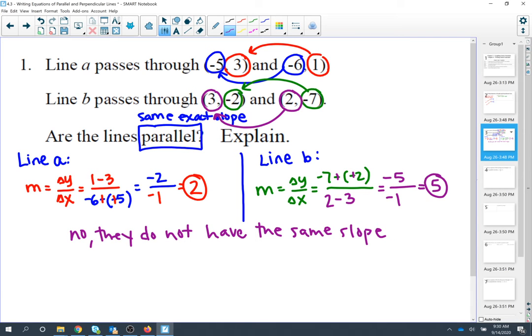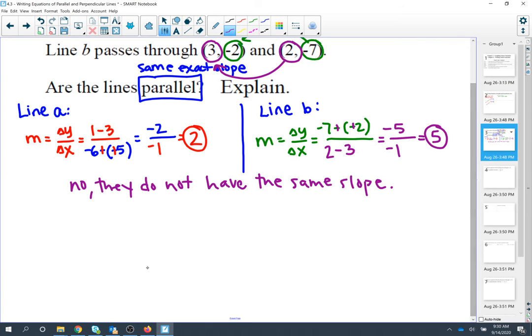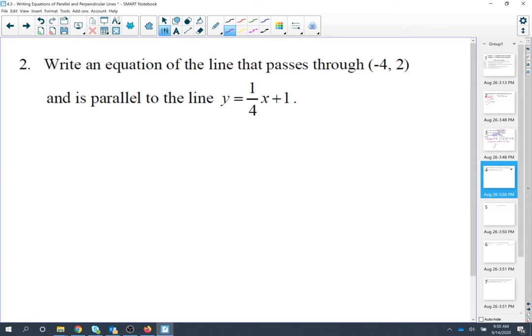And in fact, if we were to look at these graphically, a slope of 2 rises at a certain pace, versus a slope of 5, which is greater, has a greater rate of change. So it's going to rise greater. So eventually they would cross each other, because 2 is less steep, 5 is more steep, so they're going to run into each other.